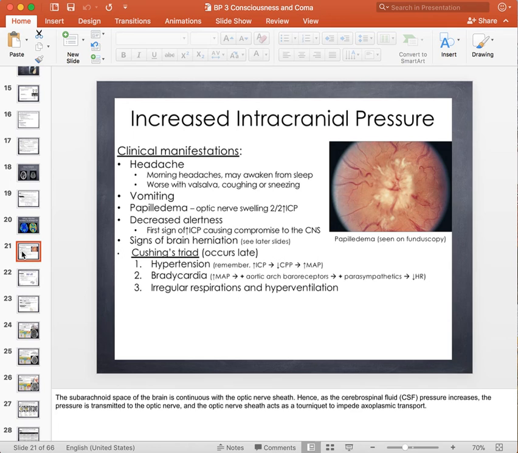One is headache, and in particular, headaches that are worse with certain positions or activities. So if you think about increased intracranial pressure causing a headache, as there's increased pressure in the brain, it's causing expansion and pressure on the meninges, which is where headaches come from. It's stretching of the meninges.